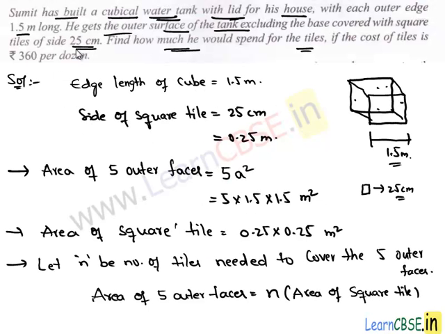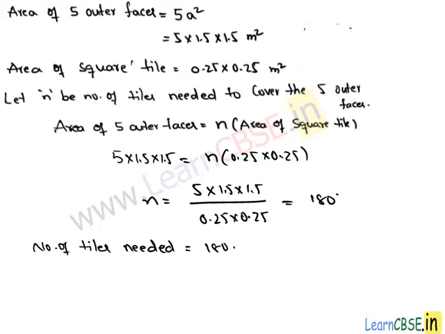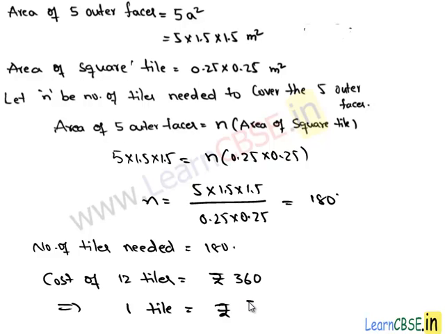If we go through the problem, we are given the cost of tiles, that is per dozen we need 360 rupees. That is the cost of 12 tiles is 360 rupees. That means the cost of one tile is 360 upon 12 and it is equal to 30 rupees.